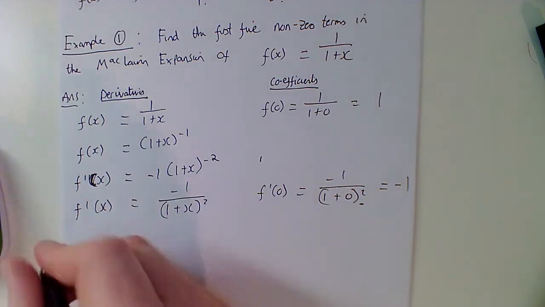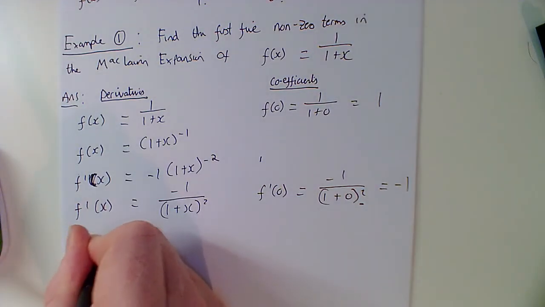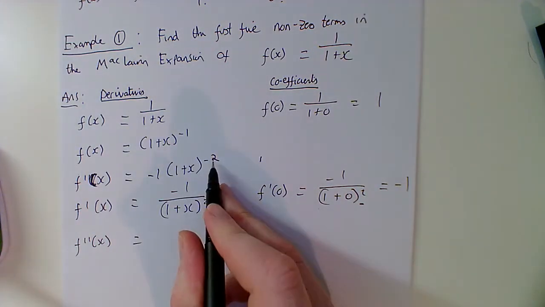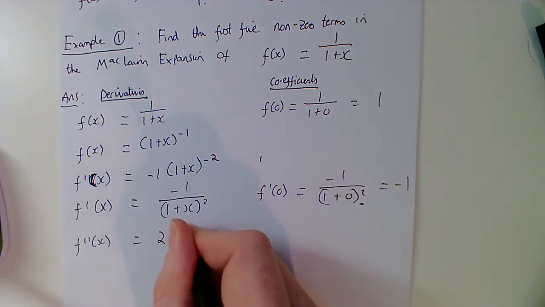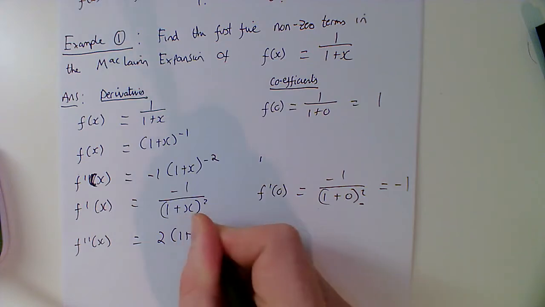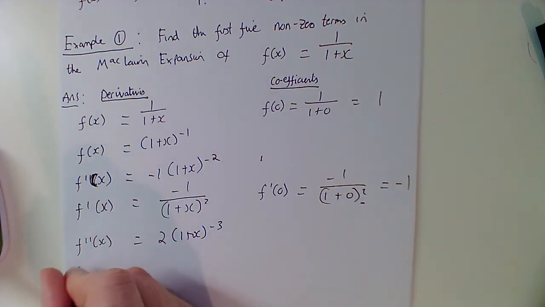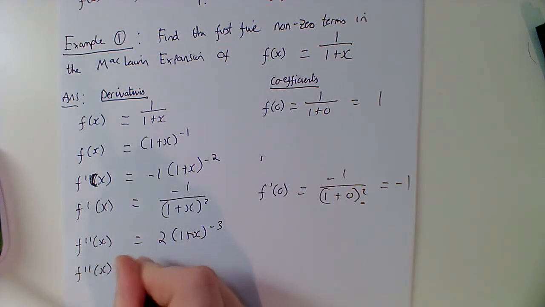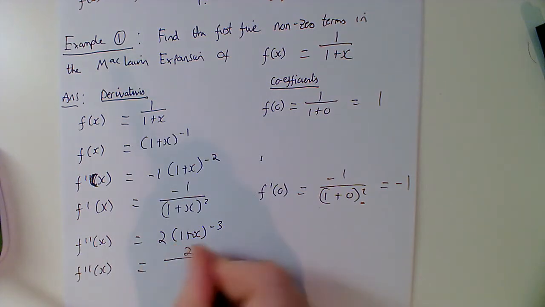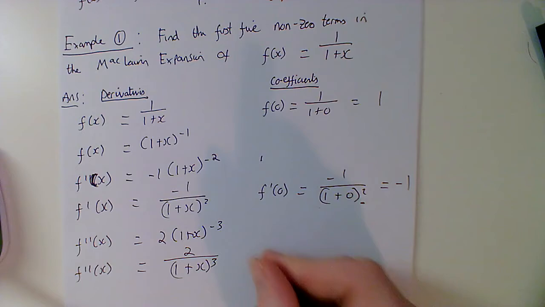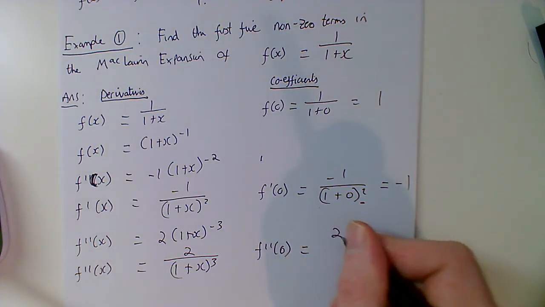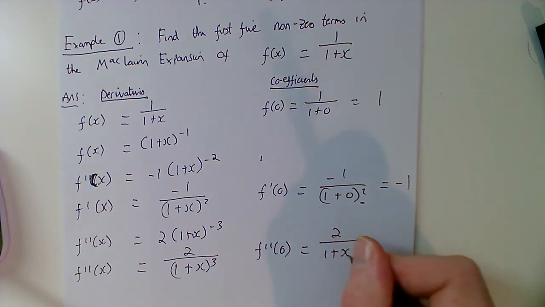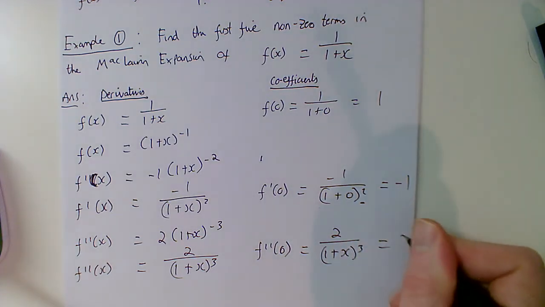Okay, f double dashed of x, well, we're just going to use this one here, because that's in the right form to differentiate, so that becomes 2, 1 plus x to the power of negative 3, which is 2 over 1 plus x cubed, which is 2.